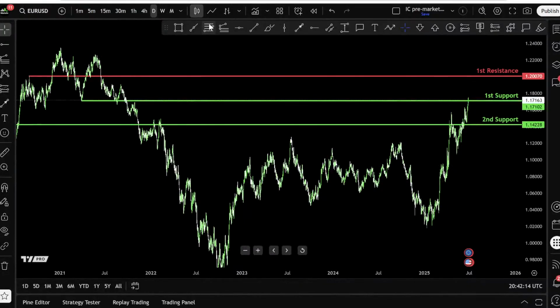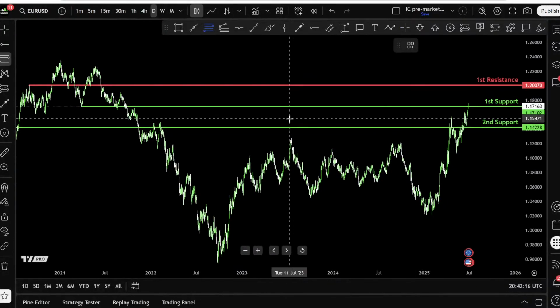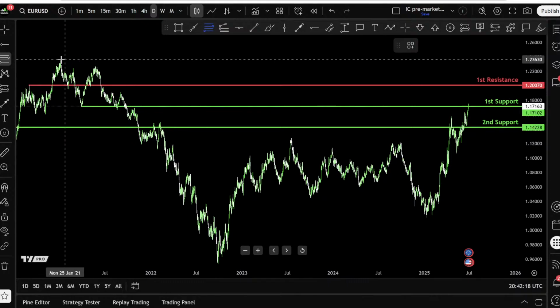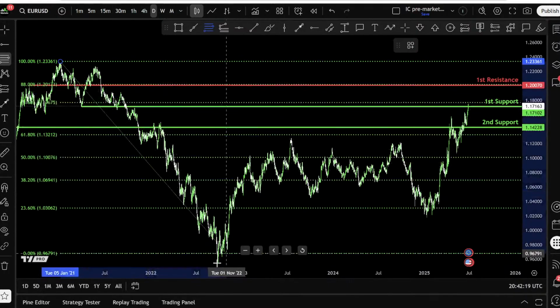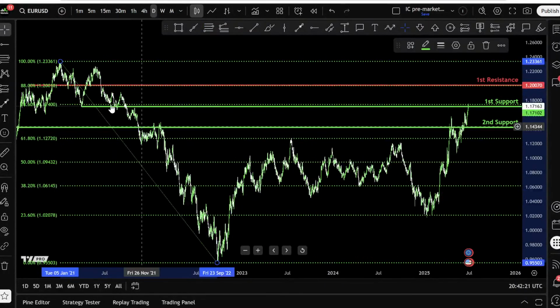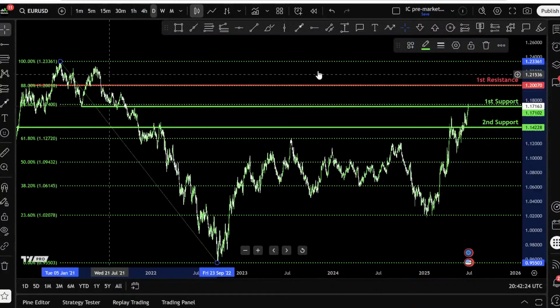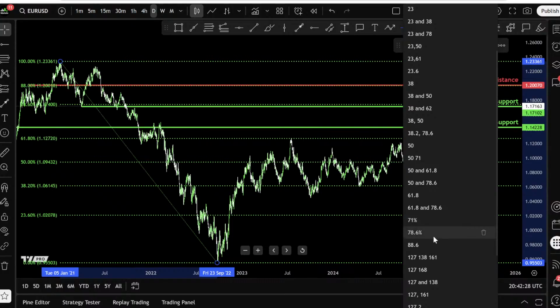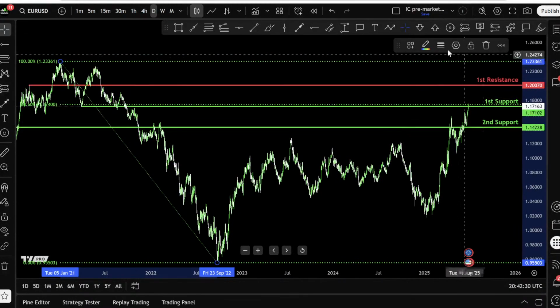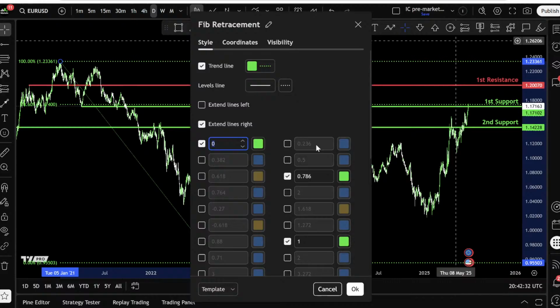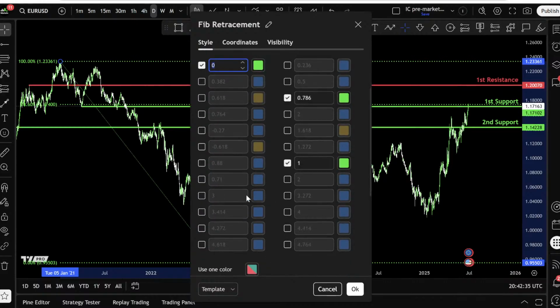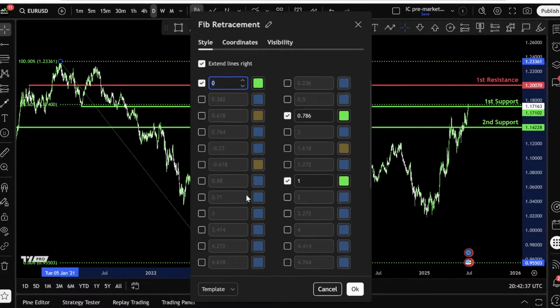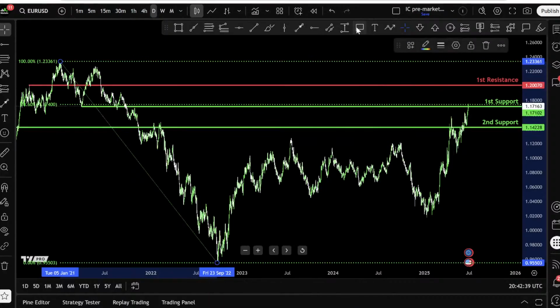Okay, so I'm gonna start with a retracement. Okay, my 88 and that 78 line up nicely. I'm just gonna keep the 78 then.